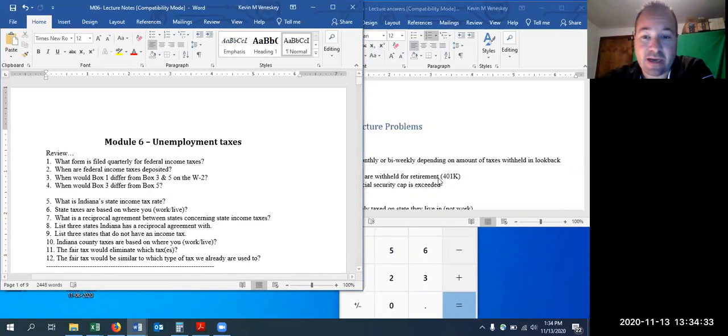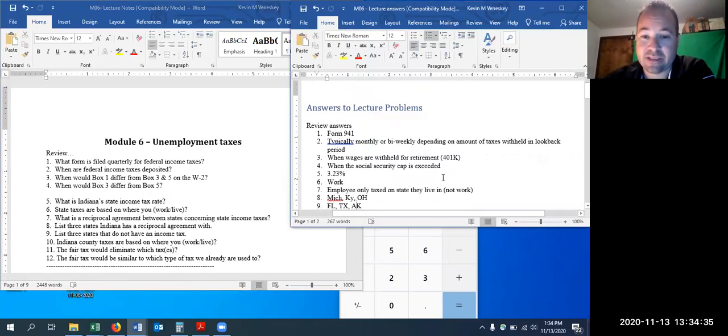List 3 states that do not have income tax. Okay, that's the one I skipped. Those are the 3 that I put on here. Yep, so those definitely came to my mind back then, and they came to my mind now. Florida, Texas, and Alaska.